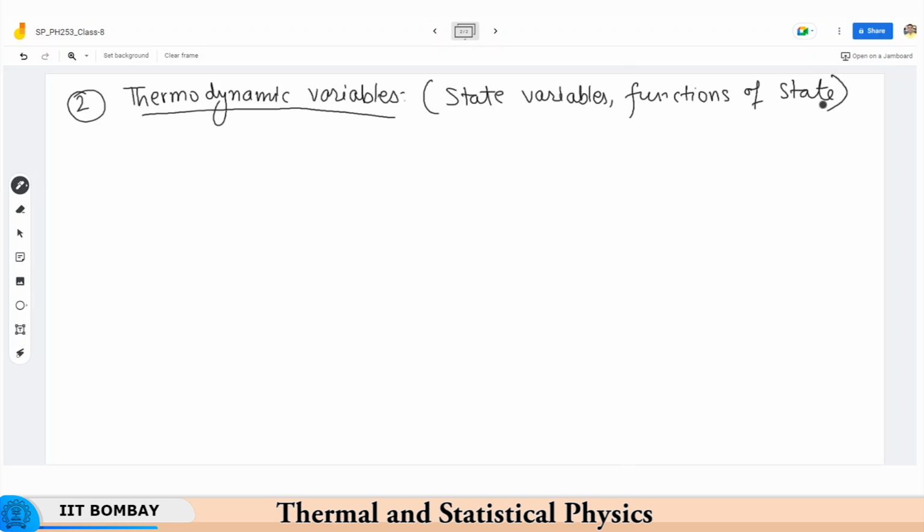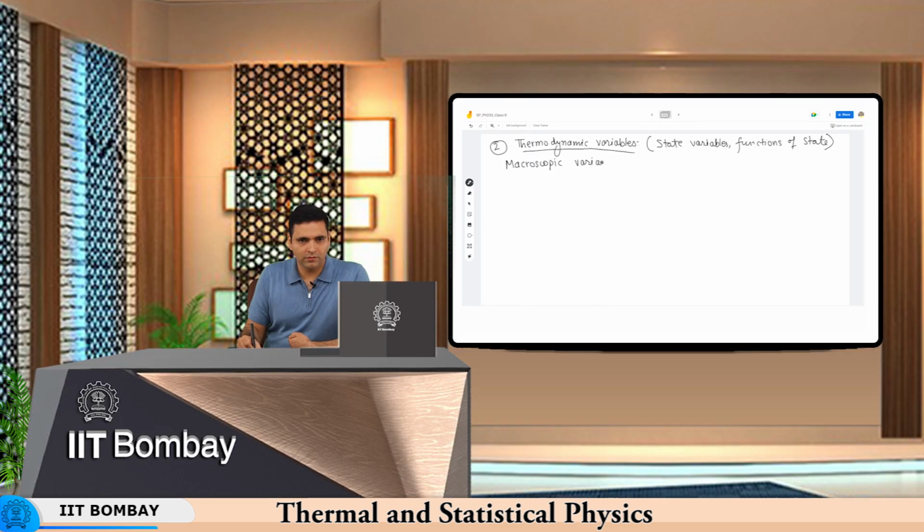These are basically all the macroscopic variables, like temperature, pressure, volume, density, viscosity, and so on. All these variables are basically emerging properties.